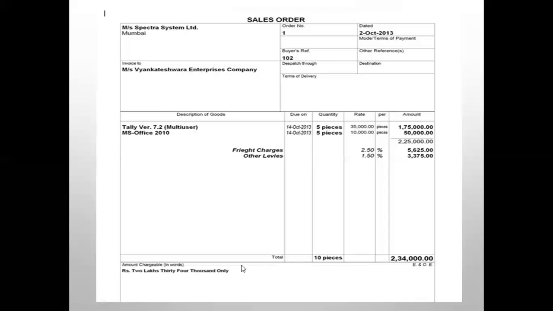So this is about the sales order. Here the amount chargeable in words will be described, and here you can sign and give it. So this is about the sales order, how it looks.